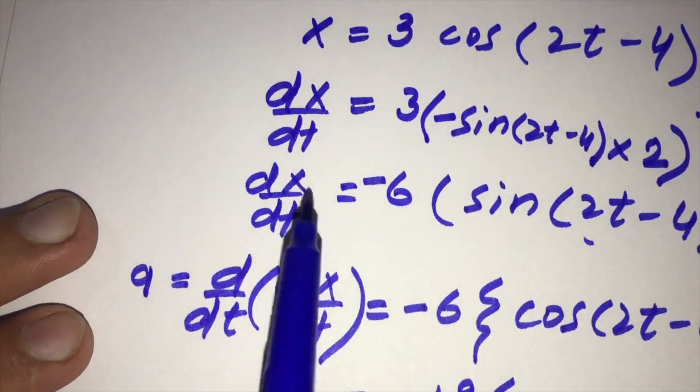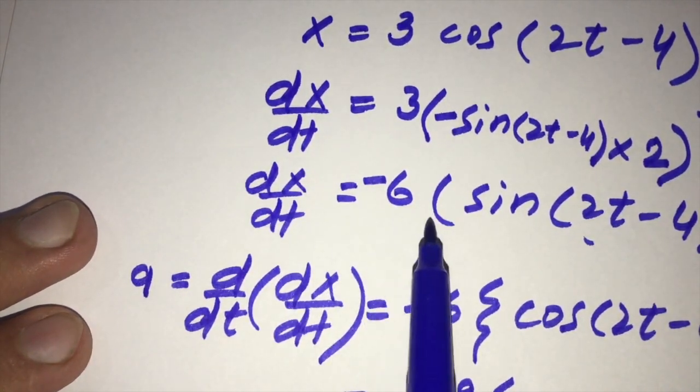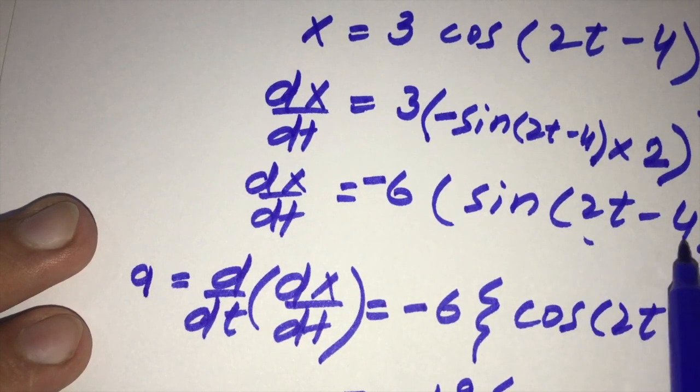In order to find the kinetic energy, we must put t is equal to 2 seconds in the velocity equation. As we found the velocity equation in that problem, dx by dt is equal to minus 6 into sine of 2t minus 4.